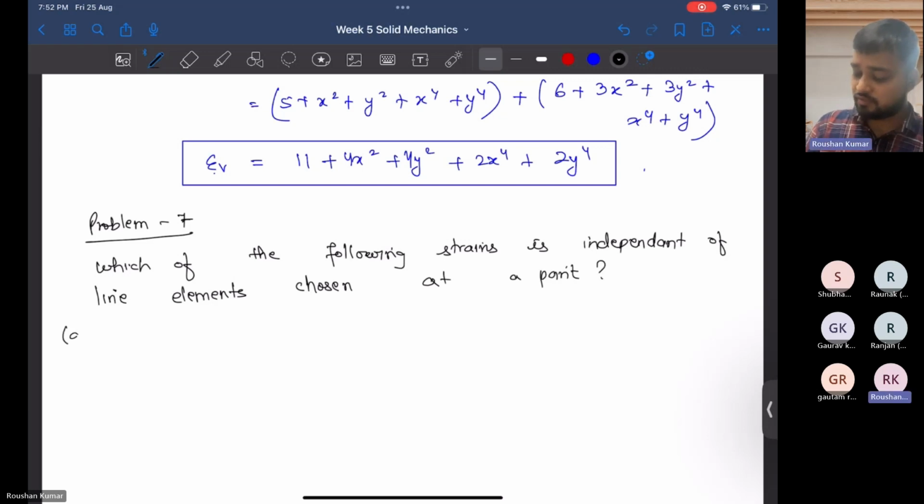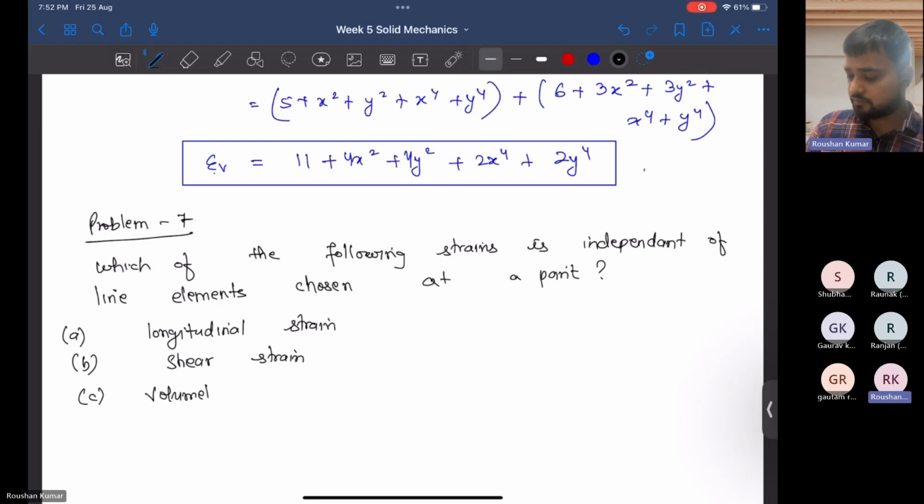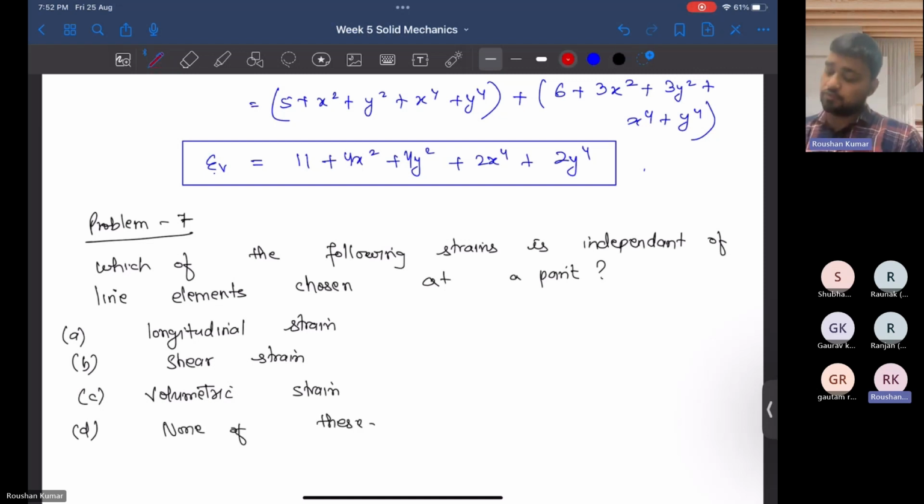The options are longitudinal strain, shear strain, volumetric strain, and none of these.